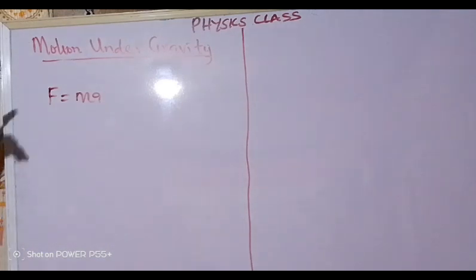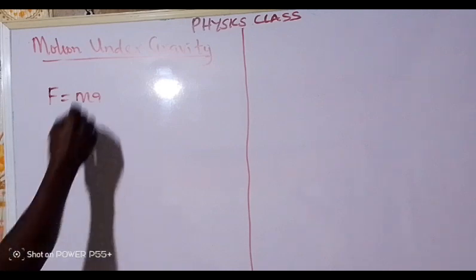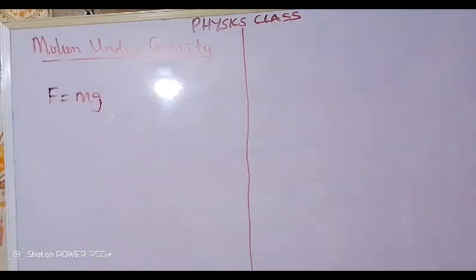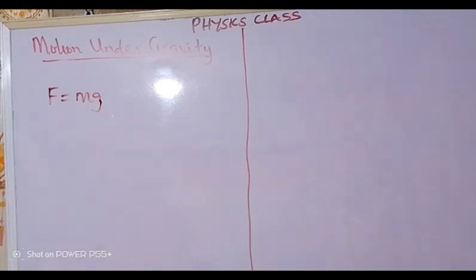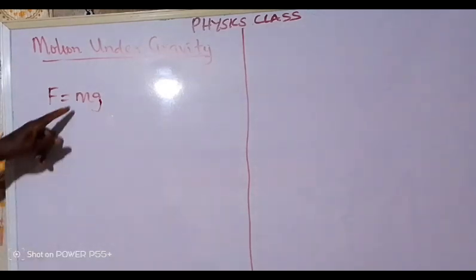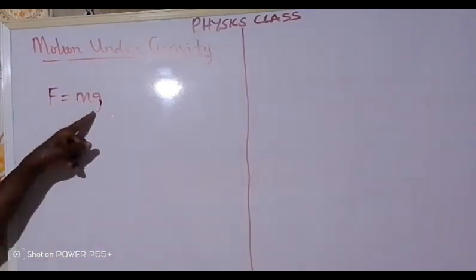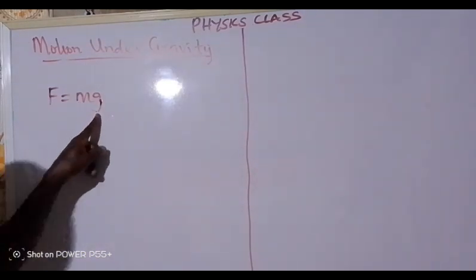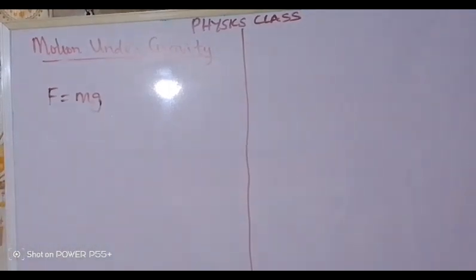But today, when you say motion under gravity, we are going to use the same formula, but this a will now change to g. And this F will now be the force of attraction of the Earth on the body, where m will be the mass of the object, and g will be the acceleration due to gravity, or acceleration of free fall due to gravity.